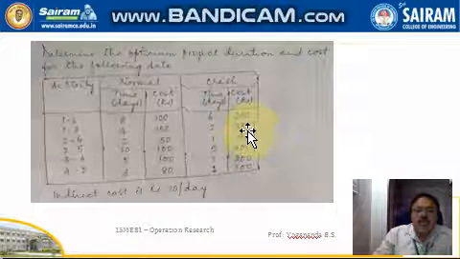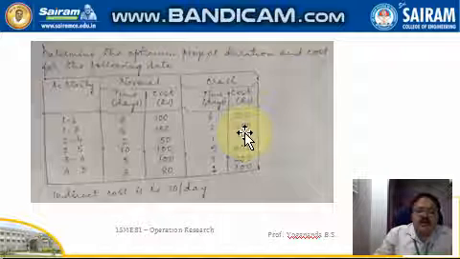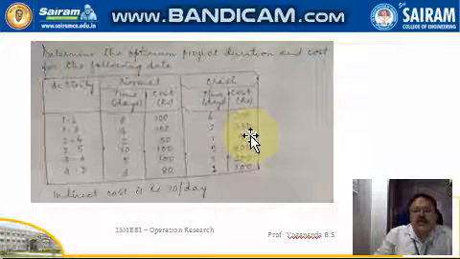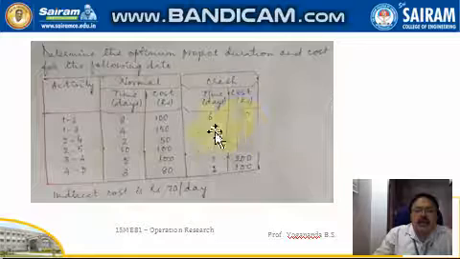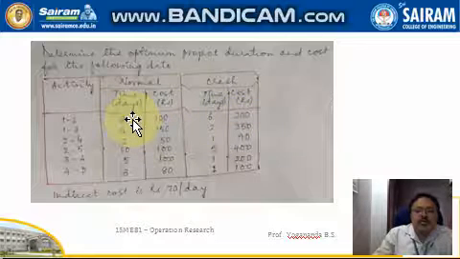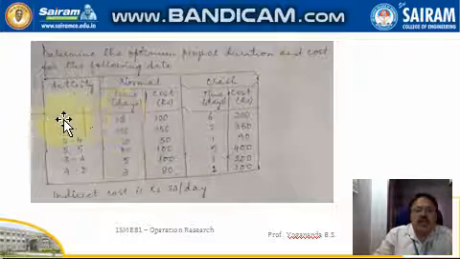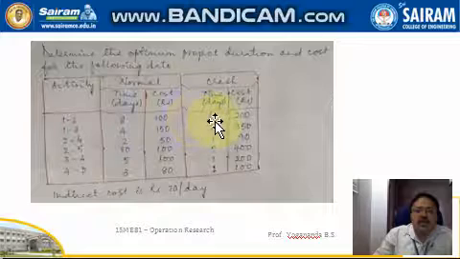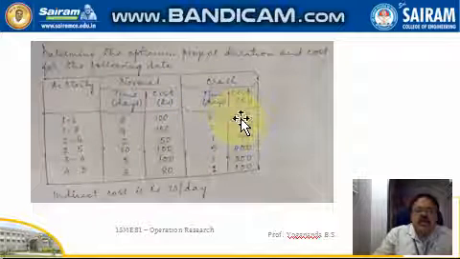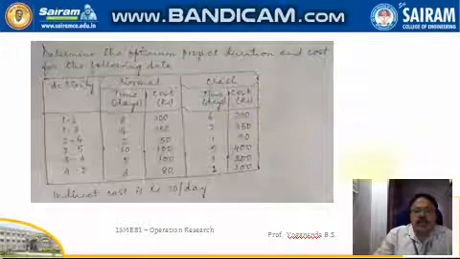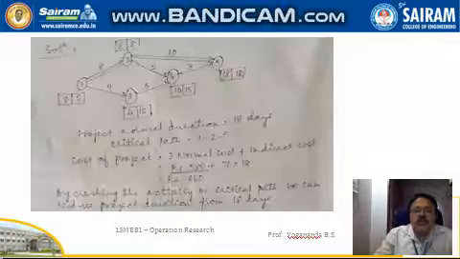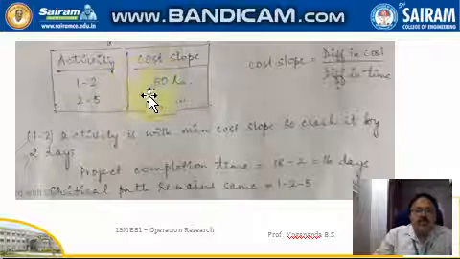So I am spending 50 rupees additional cost because I want to reduce my project completion time. If this particular activity is reduced by 2 days, the increase in the cost is 100 rupees for 2 days, so it is 100 by 2, that is 50 rupees for 1 day. That is written here.